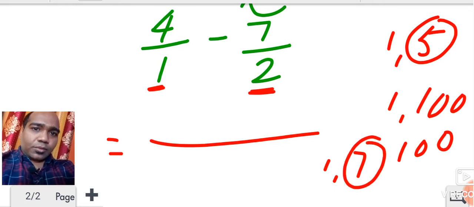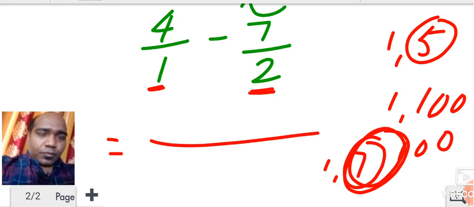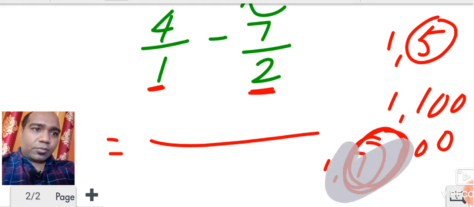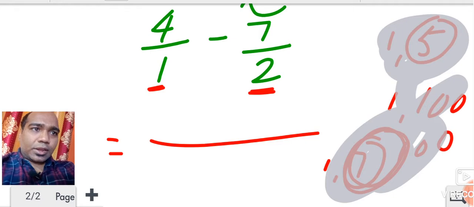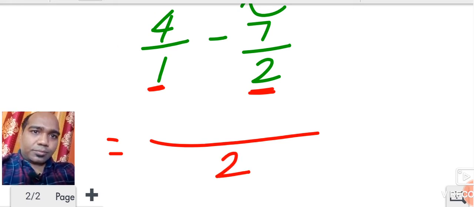So with 1, if we have to find the LCM of any other number, then the other number will always become the LCM by default, because with 1 all the numbers are divisible. So what will be our LCM here, for 1 and 2? LCM will be 2 only. So we'll write here the LCM 2.